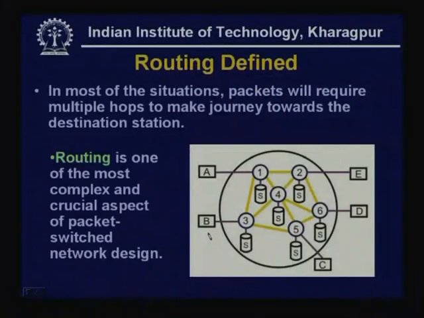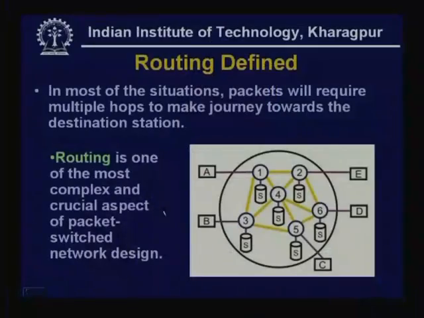As a consequence, routing is one of the most complex and crucial aspects of packet switched network design. So, whenever somebody is designing a packet switched network, the way the routing has to be done plays a key role in the design. That is why we shall devote 2 lectures to routing.